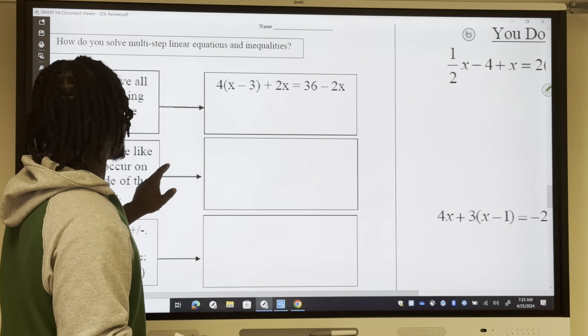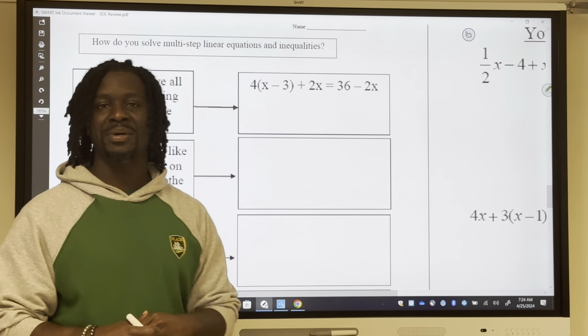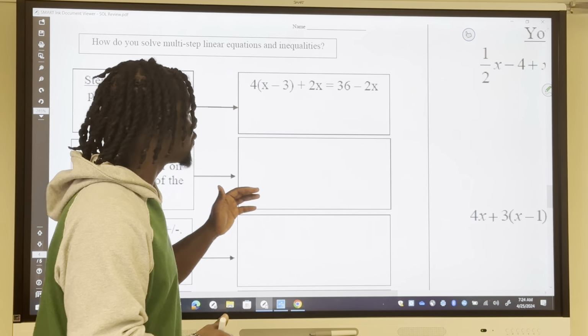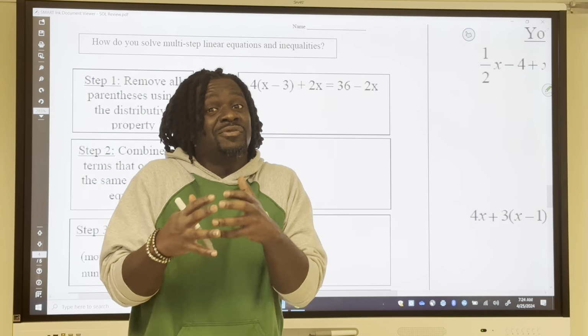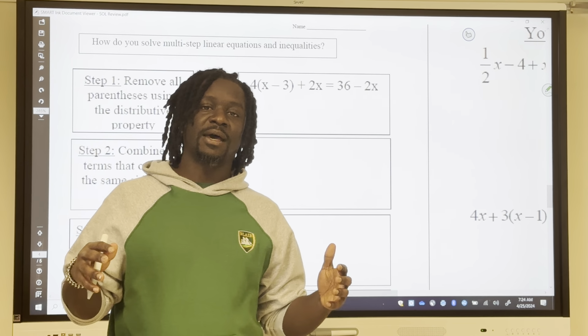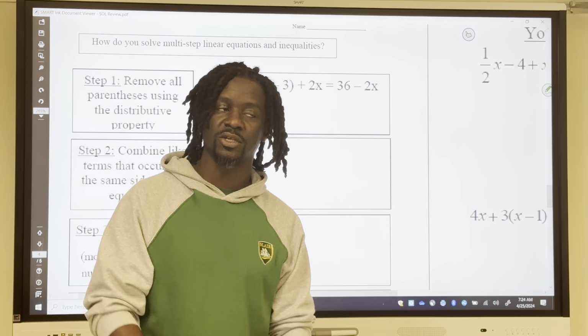You might have some questions that have fractions, but guys, you're going to treat it all the same. What we're about to do for the remainder of this review is simply all of those things that we just did, combined in a couple of problems. We're going to do distributive property, combine like terms, and solve, all in one.